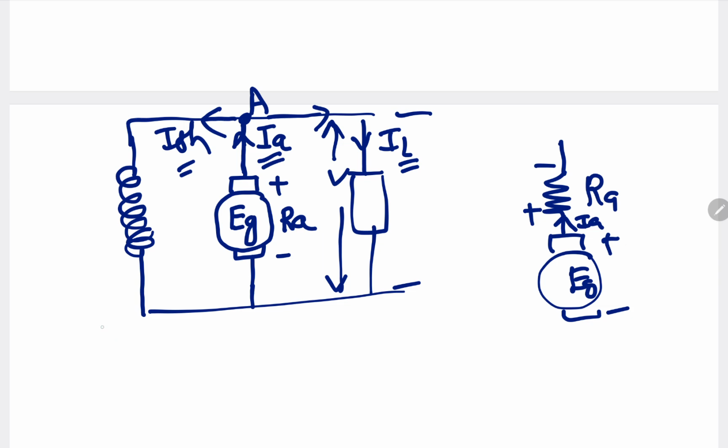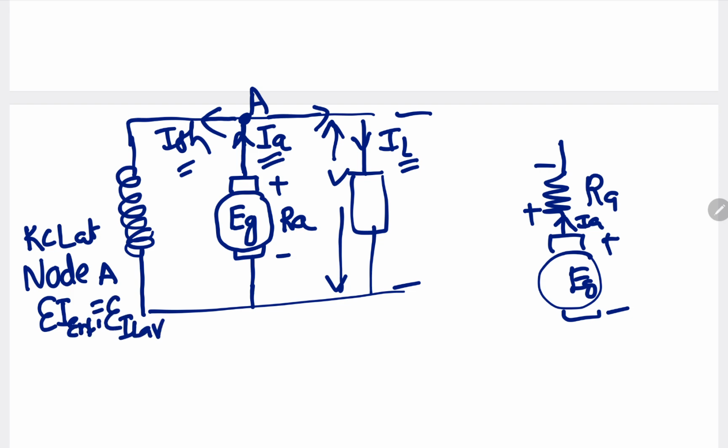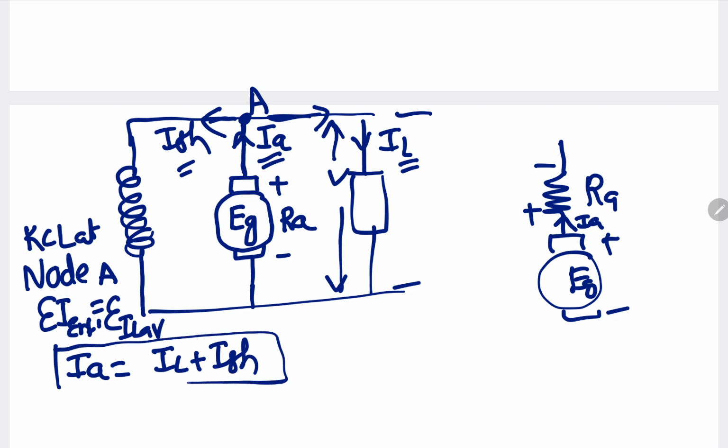Apply KCL at node A. Sum of entering currents is equal to sum of leaving currents. The entering current is IA, and the leaving currents are IL and ISH. So the relation between IA, IL, ISH in a shunt generator is IA is equal to IL plus ISH.